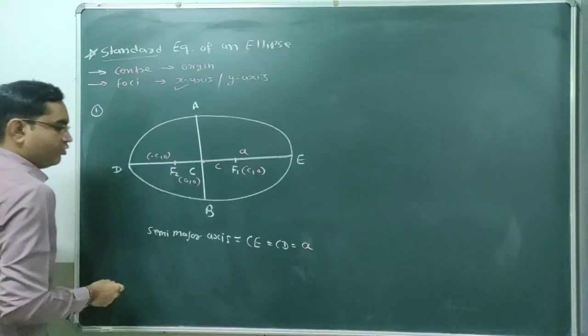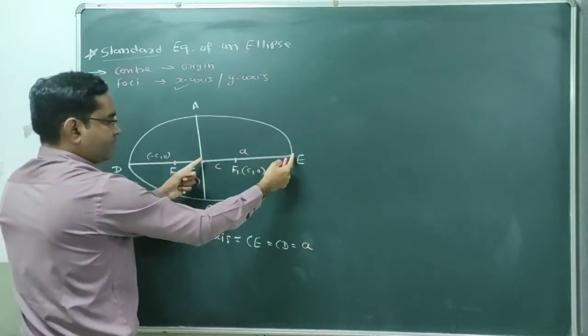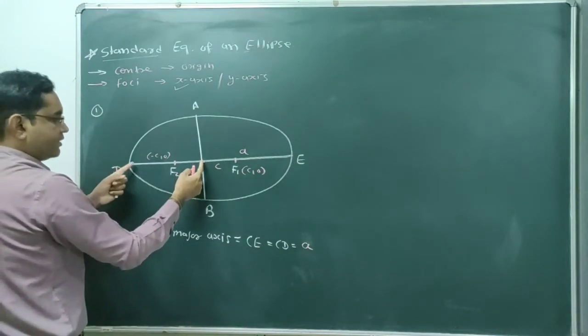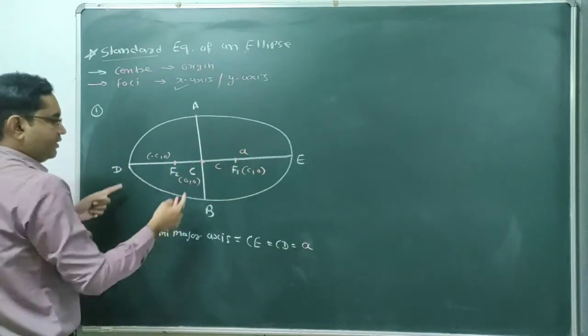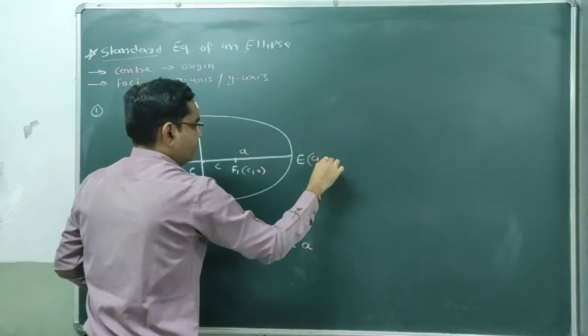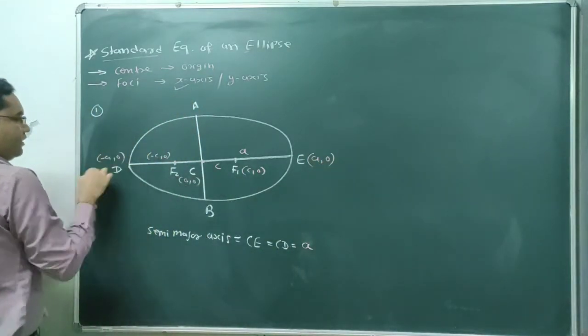Small a is the length of semi-major axis. This length is small a, semi, that means half, and this length is also small a. So coordinates of this point E will be a, 0 and this will be minus a, 0.